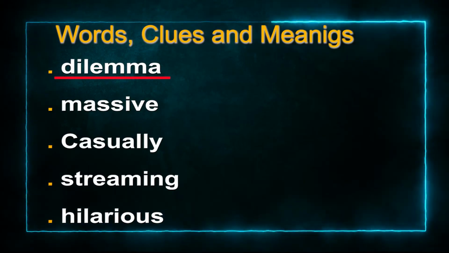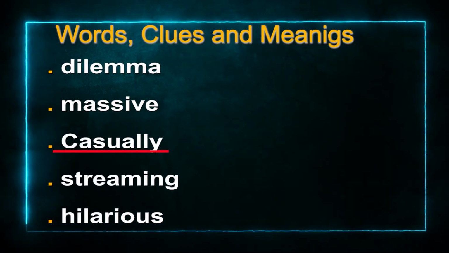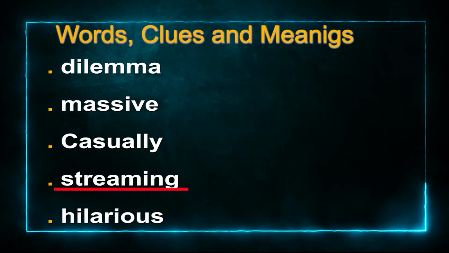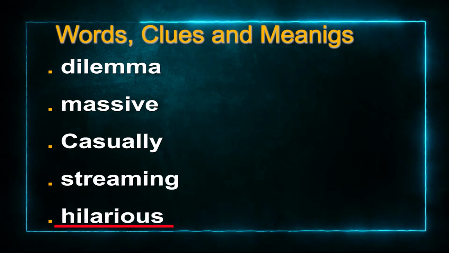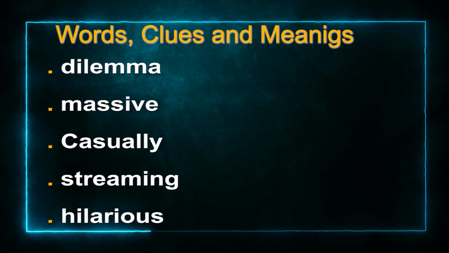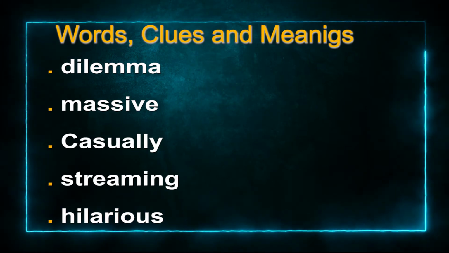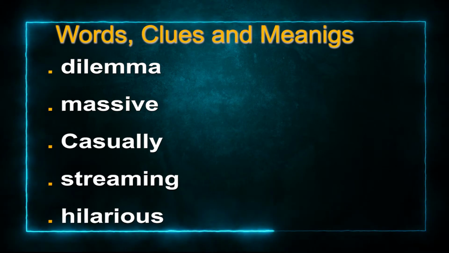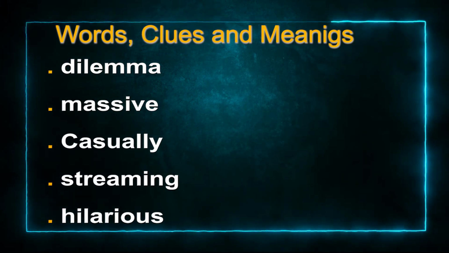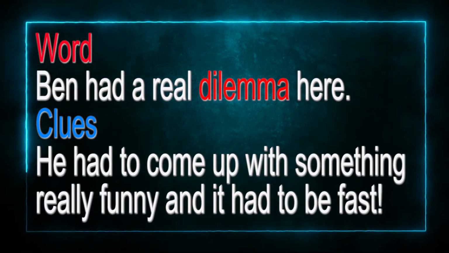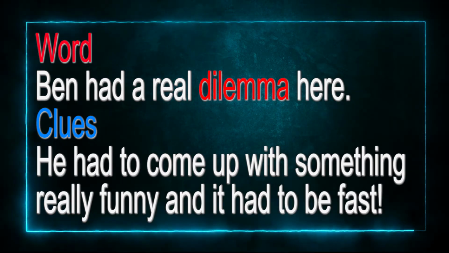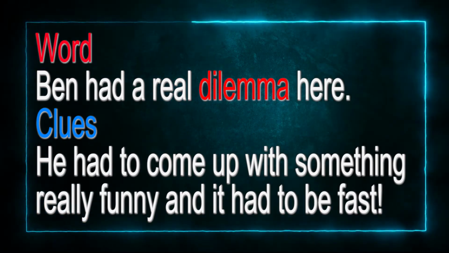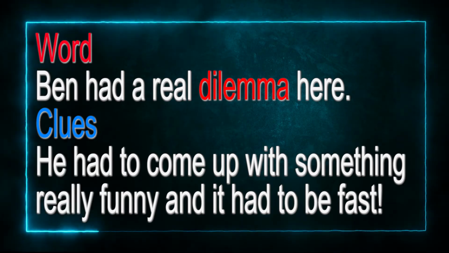Now, in that passage, the words that were underlined were dilemma, massive, casual, streaming, and hilarious. Now, what clues could we use to help us define the meaning of those words? If we look back at the part of the passage with the word dilemma, it says, Ben had a real dilemma here. Although it's a pretty short sentence, how do we know what the word dilemma means?